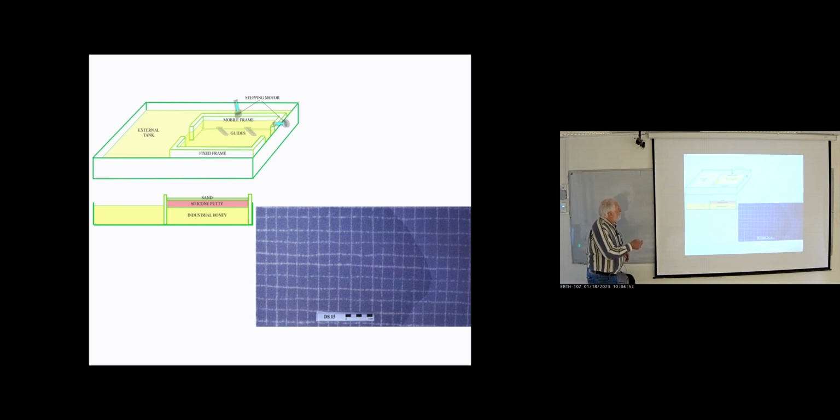Half of it is fixed and half of it is mobile. In the experiment, there is a layer of honey, then a layer of silicon putty, and a layer of sand above. The sand behaves like a brittle material, this is plastic, and this is fluid.